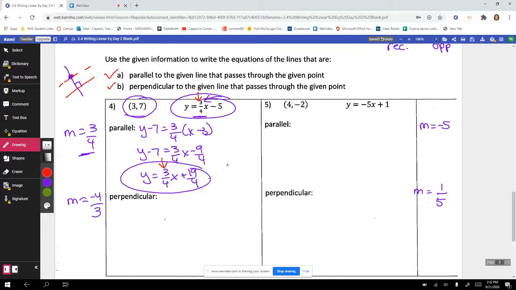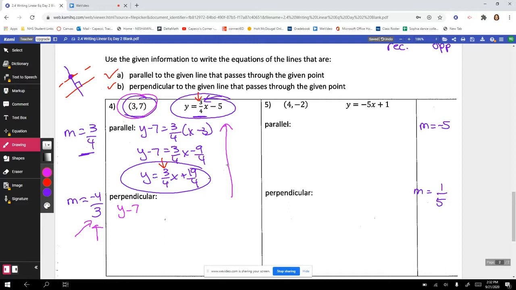I know I'm okay. All right, let's use the same line, but this time let's find something that's going to be perpendicular. So my given slope is 3/4. The opposite reciprocal is going to be -4/3. So when I'm finding the equation of the line that's perpendicular to the given one and goes through (3, 7), that's the slope I'm going to use, -4/3.